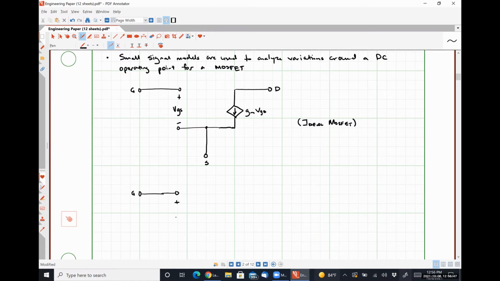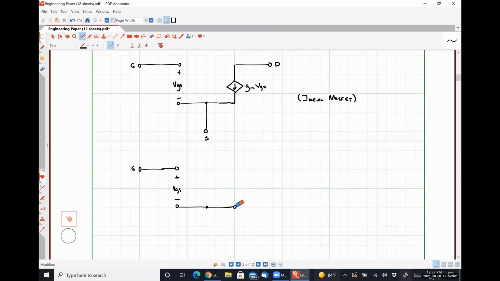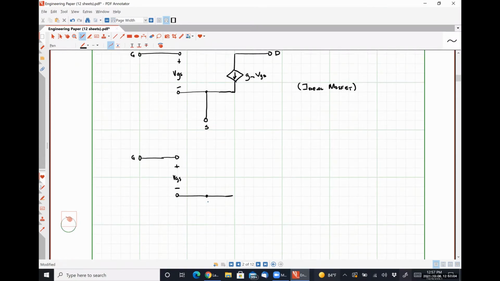So we still have our small signal voltage VGS. Here's our source.